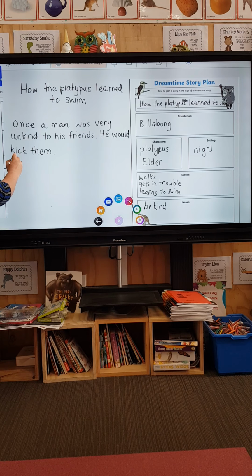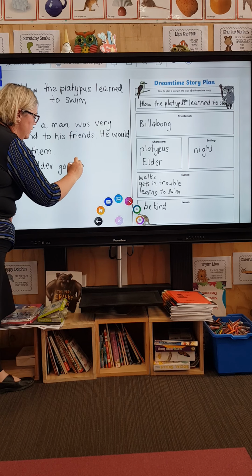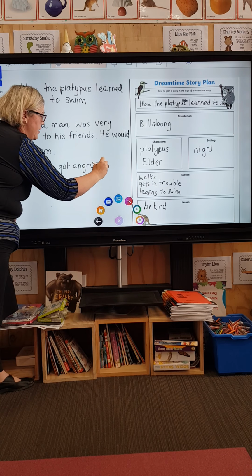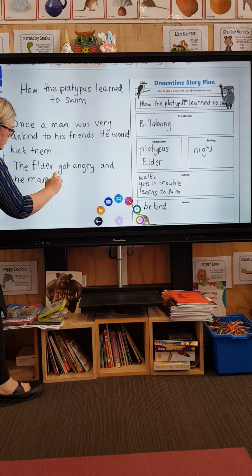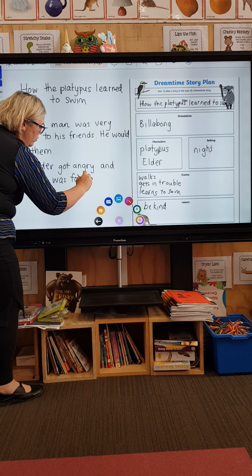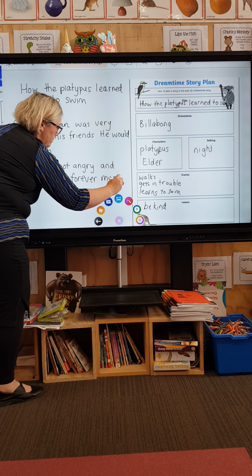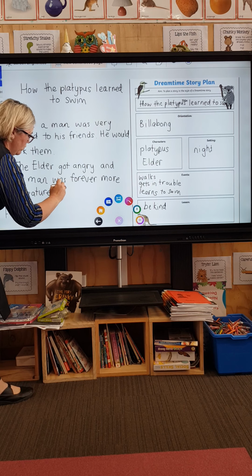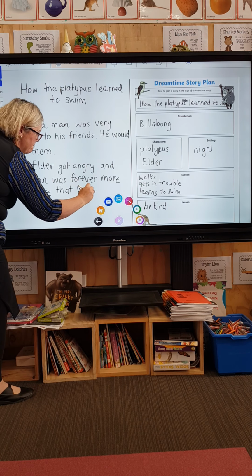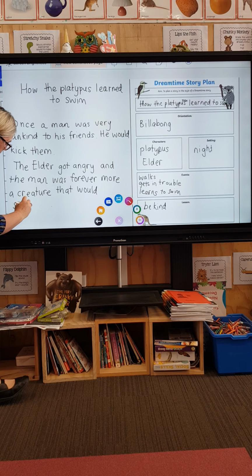He would kick them. The elder, so the indigenous person, that's the wise person of the tribe, the elder got angry and the man was forevermore a creature that would swim in the billabong.